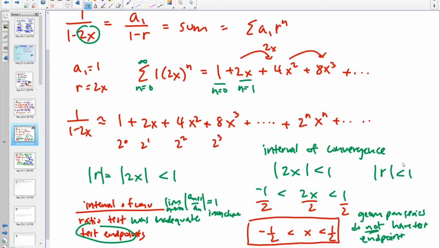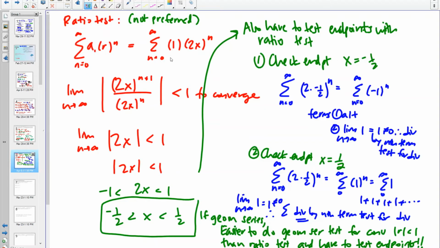So what I did was I took this summation right here and I tested it using, I think, the ratio test instead of using the geometric test, and you guys can look at my notes. Then I did test the endpoints, and I got that the endpoints diverge.